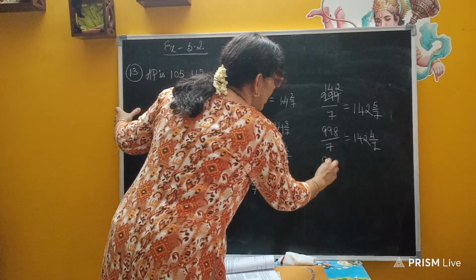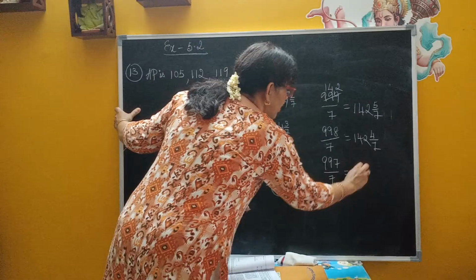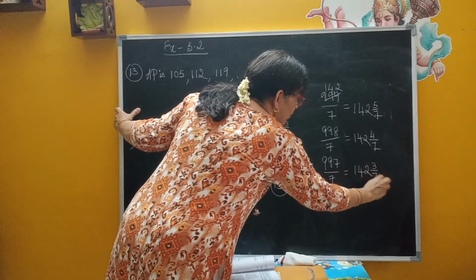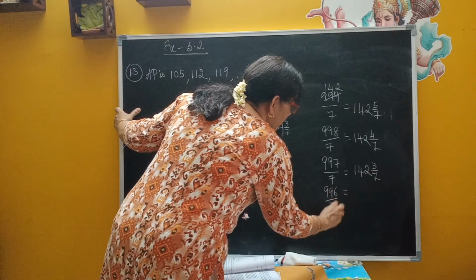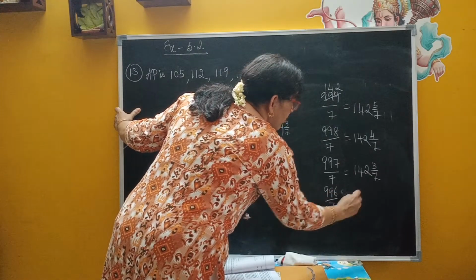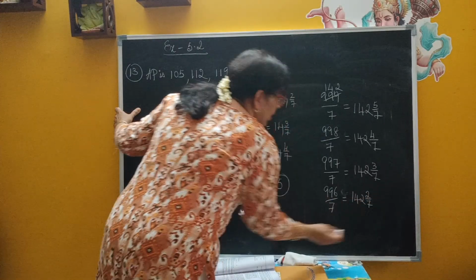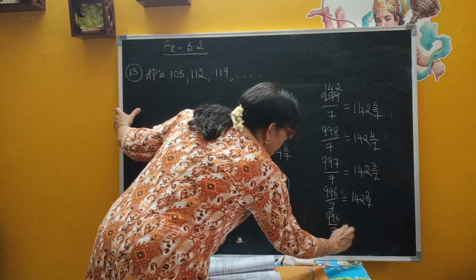Okay. So 997 by 7, what do we get? You can say without solving it, isn't it? 996 by 7, we get 142. 995 by 7, what do we get?